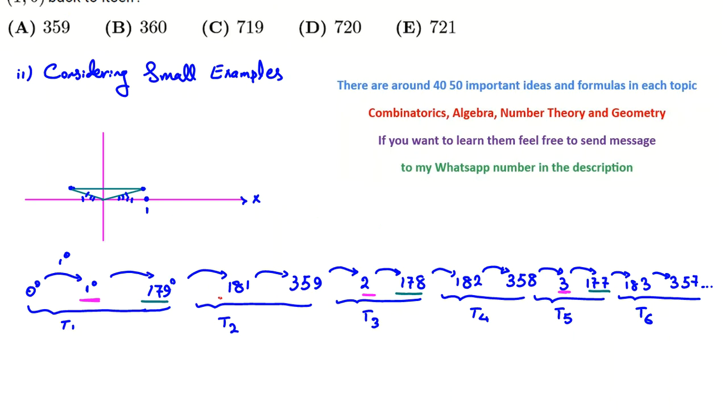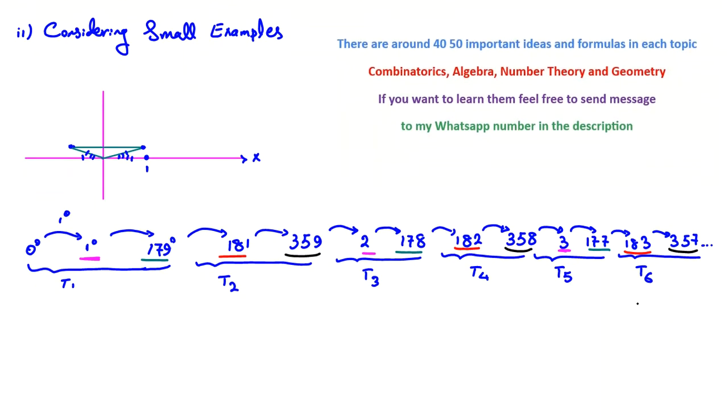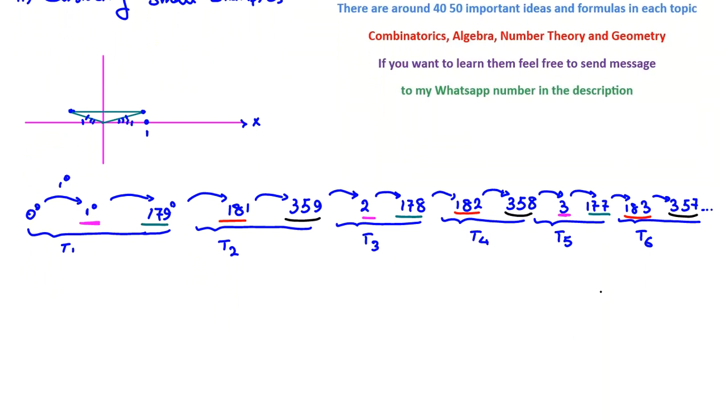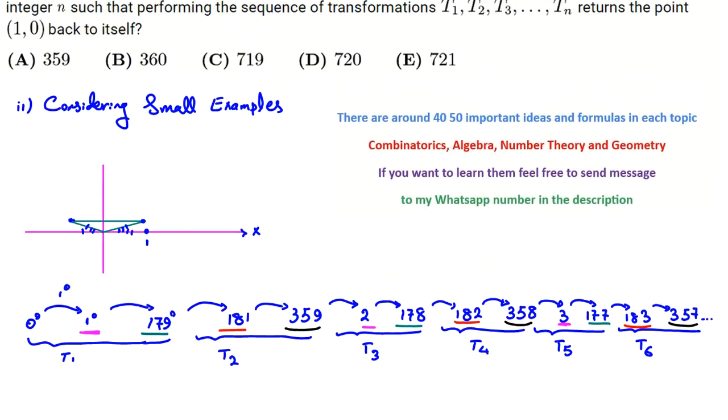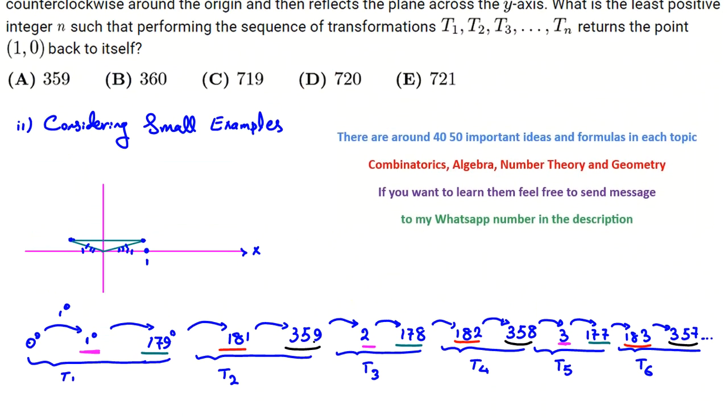Red ones: 181, 182, 183, and so on. And black ones: 359, 358, 357. So we have 4 colors, and for each of them we want to hunt. Maybe for the problem we have 2 approaches. Maybe the problem means after applying, for example, Tn completely.